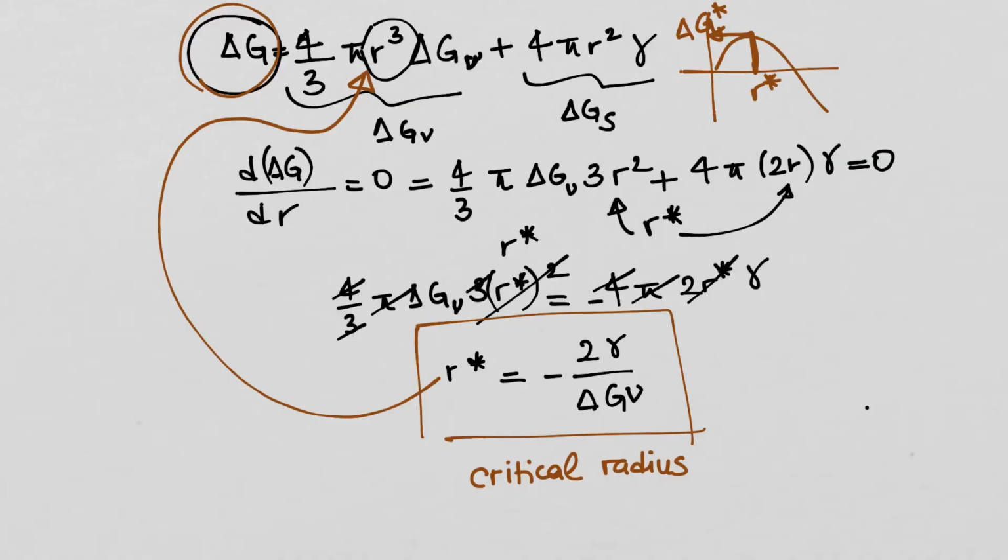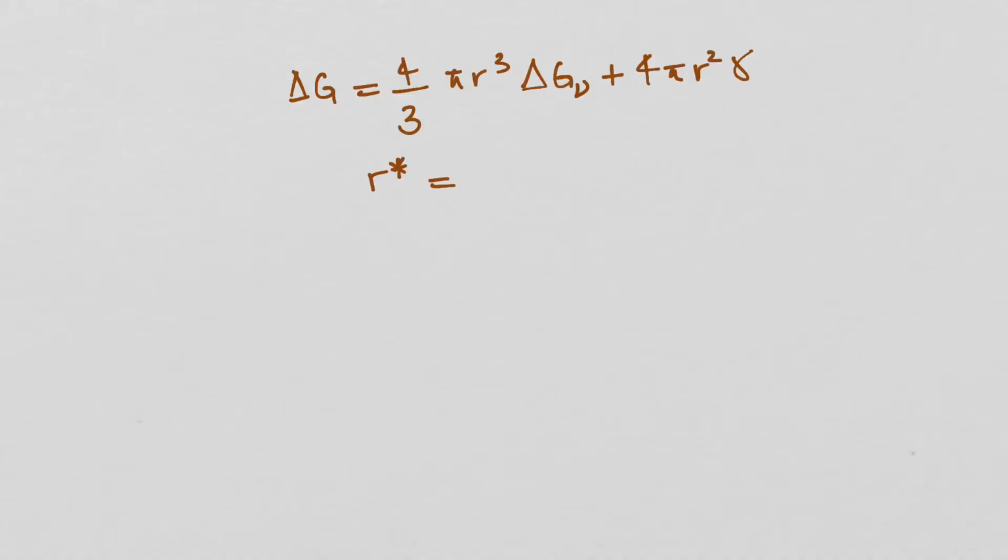Let me open up a new page here. Okay, so we have this equation. Okay, let's plug this in here, and it should give you delta G star.